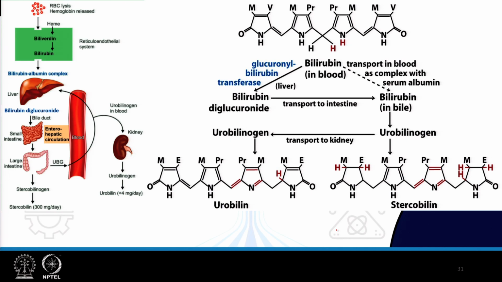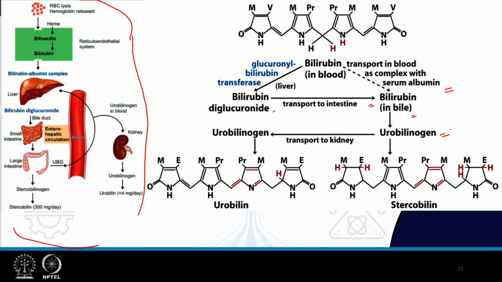So, this is the pathway where we can see the physiological route of bilirubin conversion and excretion, and these are the simultaneous biochemical changes that are happening. Bilirubin is transported to the liver with albumin, where in the liver it is getting converted to bilirubin diglucuronide. This is transported to the intestine as conjugated bilirubin via bile, where it is converted to urobilinogen.